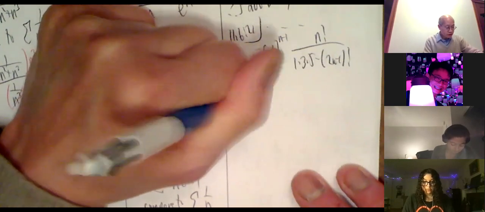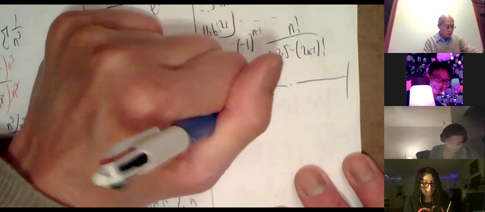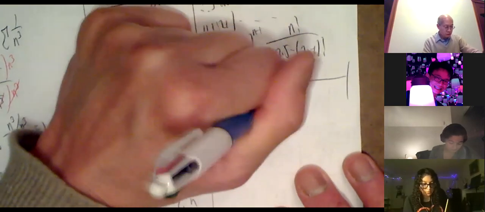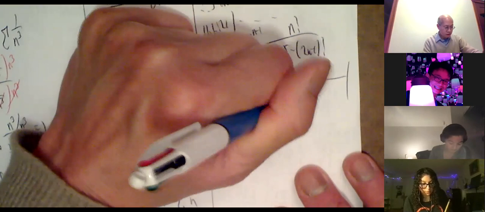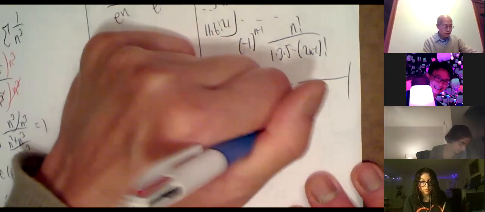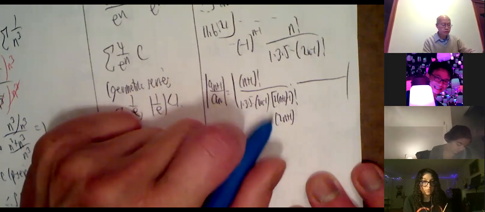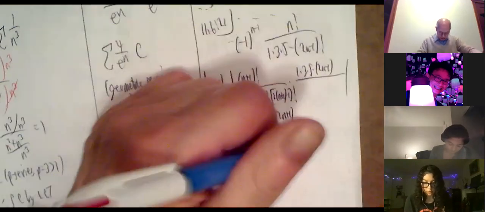Absolute value of a sub n plus 1 over a sub n. N plus 1 factorial, 1 times 3 times 5, 2n plus 1 minus 1 factorial. This is equal to 2n plus 1. So the term just before that is 2n minus 1. They're 2 apart. Flip this, 1, 3, 5, 2n minus 1.